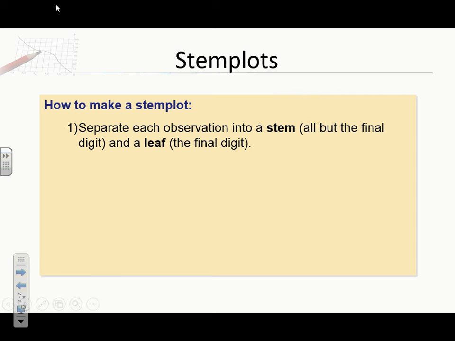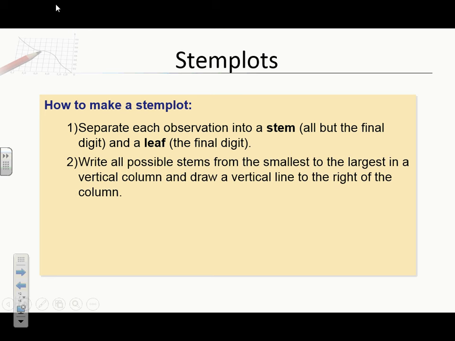Create your stems and your leaves, and then organize your stems. So once you know what numbers you're going to use for stems, you're going to arrange them. Generally, and it doesn't really matter, you can go from smallest to largest or largest to smallest. You're still going to get the same basic idea out of it. But if you go smallest to largest, people tend to be able to read that a little bit easier.